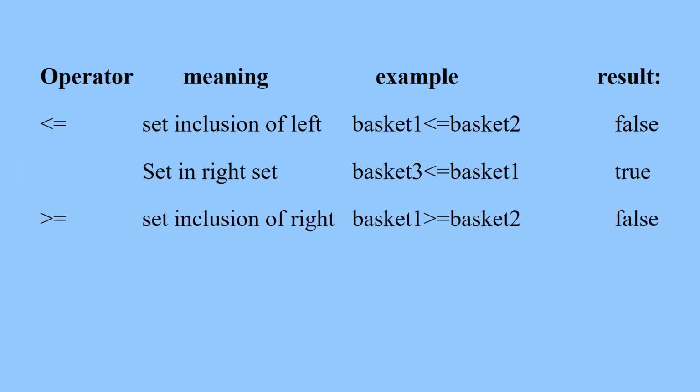This other operator is for set inclusion of right. So it means set inclusion of right. So are the members of basket 1 set greater than or equal to the members of basket 2?